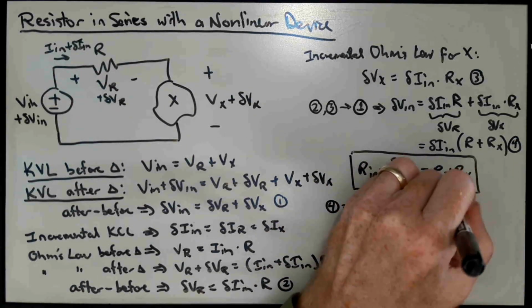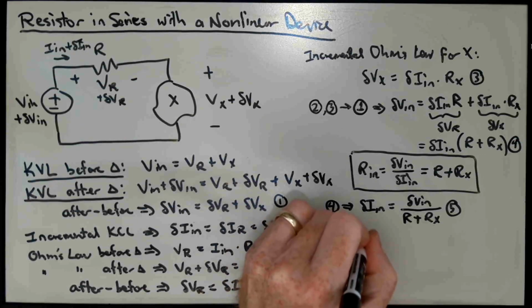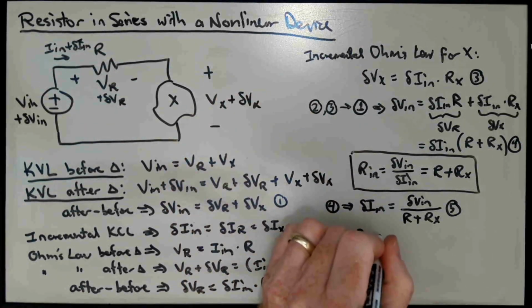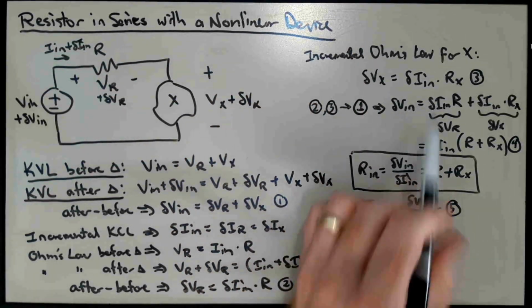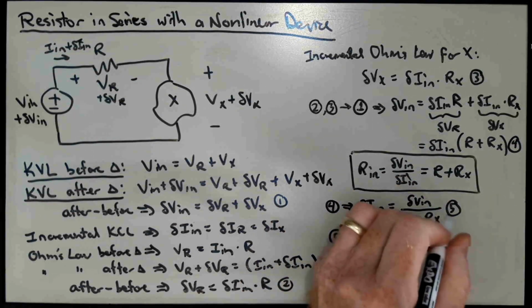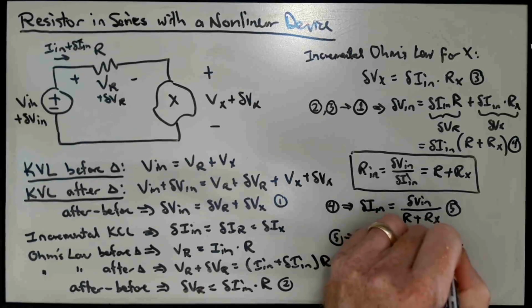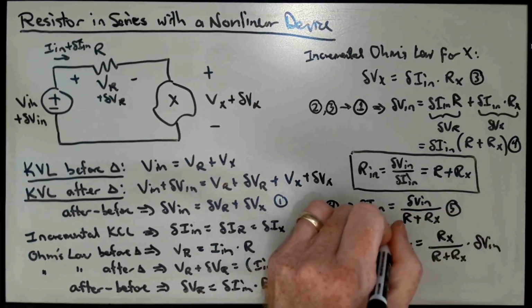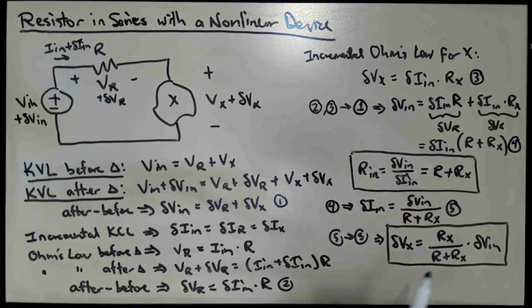If we call that equation 5, and substitute it back into 3, which is our incremental Ohm's law, we can solve for delta Vx directly. It's just Rx times delta In, which gives us Rx over R plus Rx times delta Vn. So this is our incremental voltage divider.